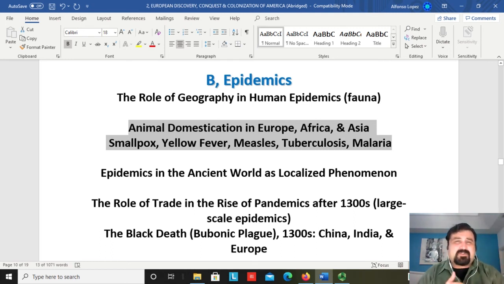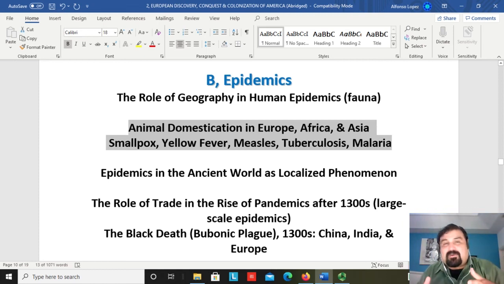Things like smallpox or chicken pox come from chicken, yellow fever from cattle, from horses as well, measles, tuberculosis likewise, and malaria from mosquitoes. So it is the animal that is transmitting the microorganism to human beings when they are interacting more closely, more directly with those species. The significance of this, as we'll see, is that Native Americans do not have those species of animals.